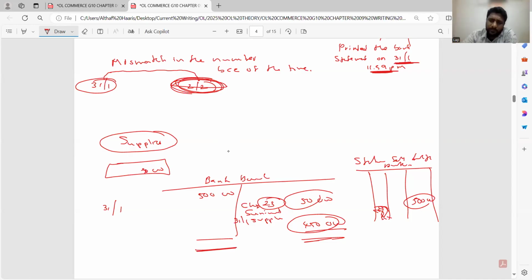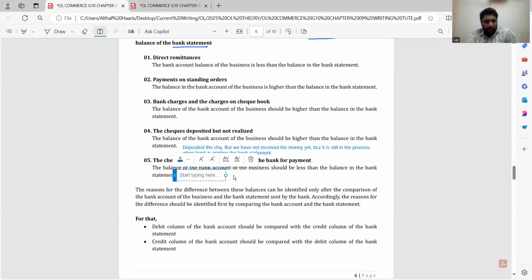We issued or gave the check for the payment, but the amount has not been deducted from our bank by the bank. Why? Hey, think. Why is it not yet deducted, even though I gave the check?